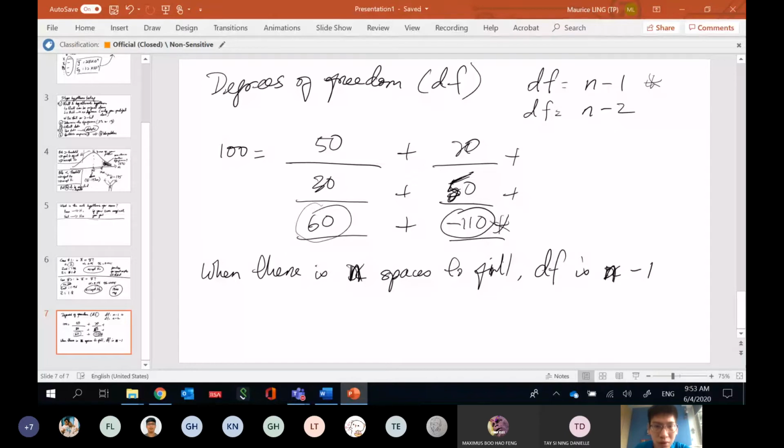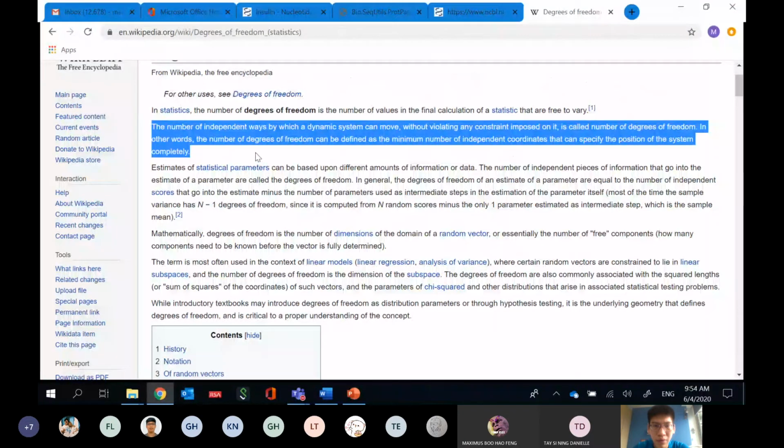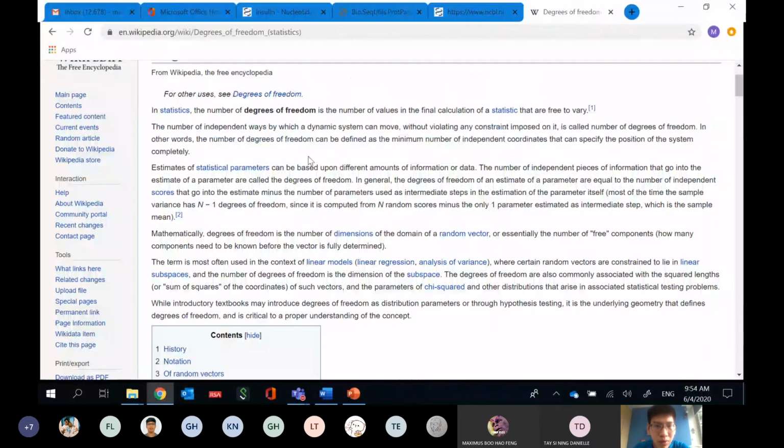Yes, sir. Okay, so this is what degrees of freedom actually means. I can make it more complicated and say that all 6 numbers give you the average of 100, but it's going to give you a lot of calculation problems. So this is what N minus 1, what degrees of freedom really means. And that is exactly what this sentence is trying to tell you: the minimum number of coordinates that you can move, the number of independent ways that the system can move without violating any constraint imposed on it.